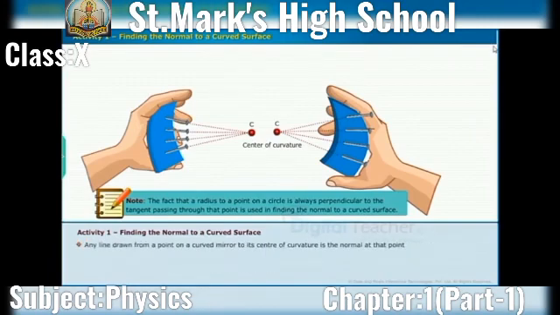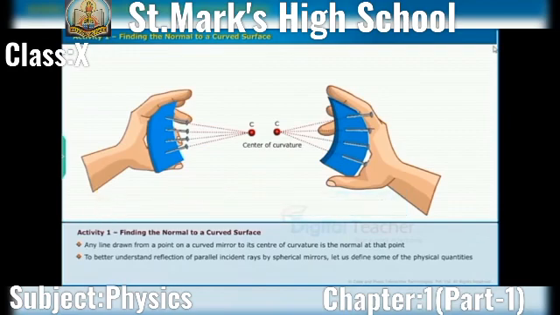Any line drawn from a point on a curved mirror to its center of curvature is the normal at that point. To better understand reflection of parallel incident rays by spherical mirrors, let us define some of the physical quantities.